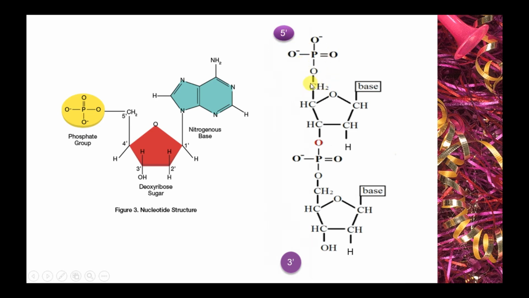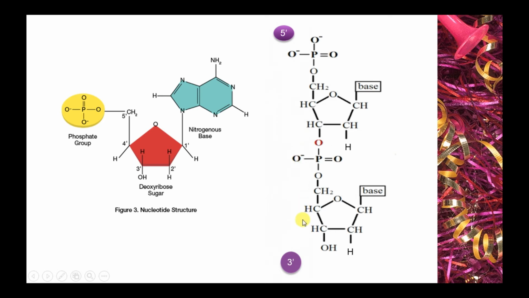Now in every chain we always have a free phosphate group at one end and a free hydroxyl group at the other end. So every chain contains a 5' end and a 3' end.